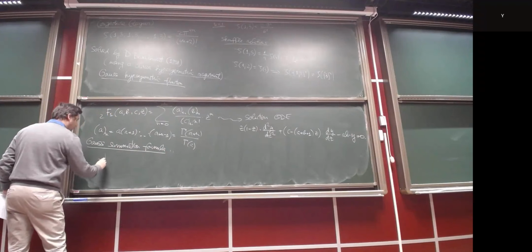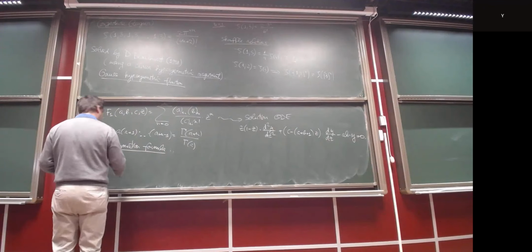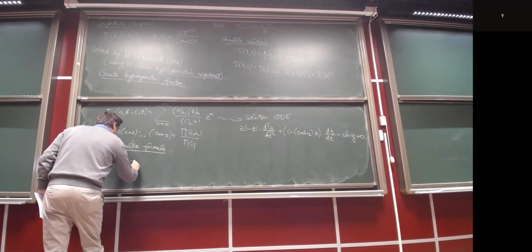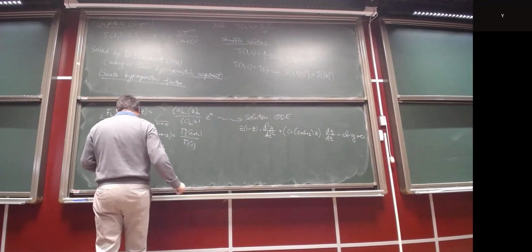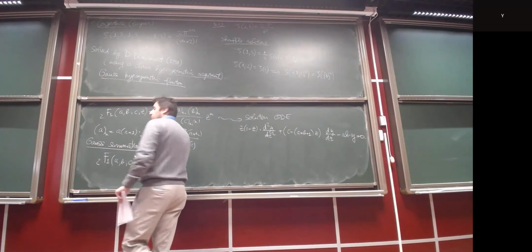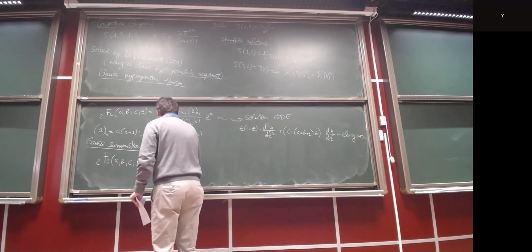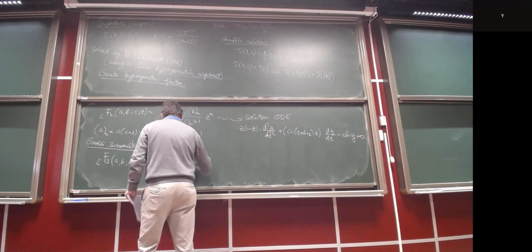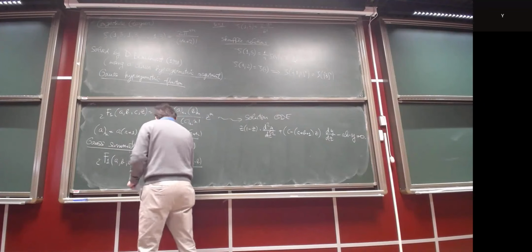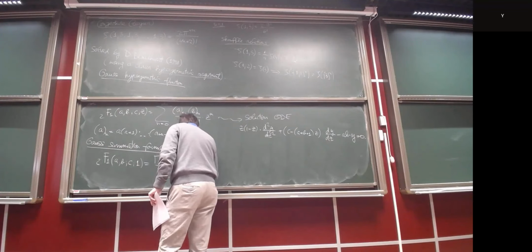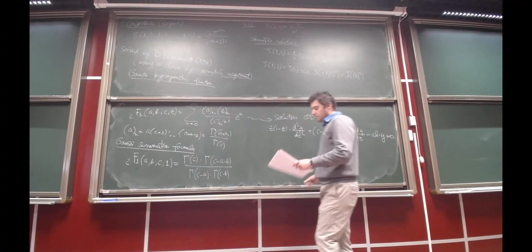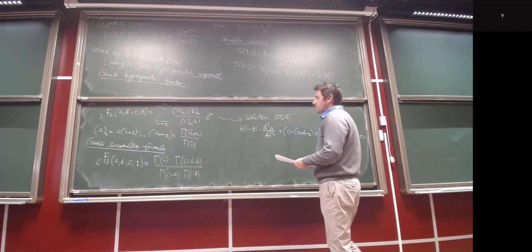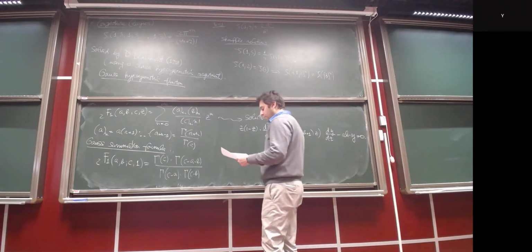If we evaluate the hypergeometric function at z equals 1, we can write this only in terms of the gamma function: gamma of c times gamma of c minus a minus b, over gamma of c minus a times gamma of c minus b. This lemma was enough for Broadhurst to prove this.